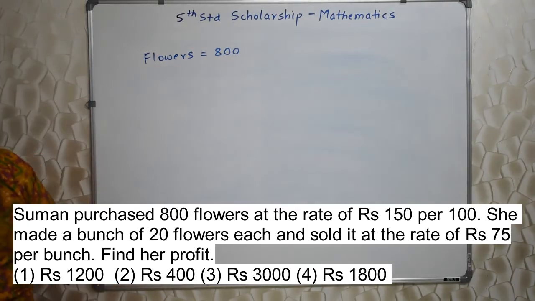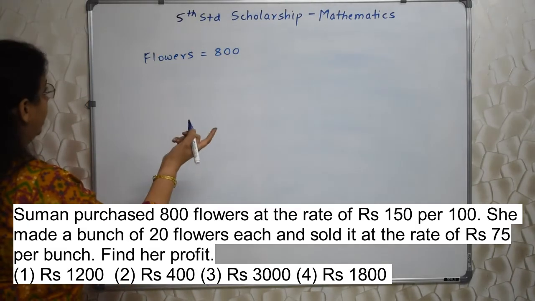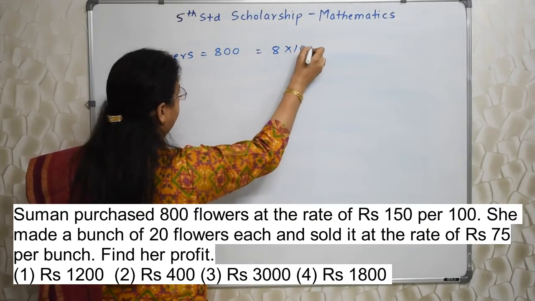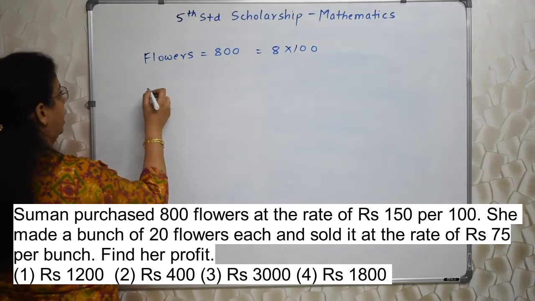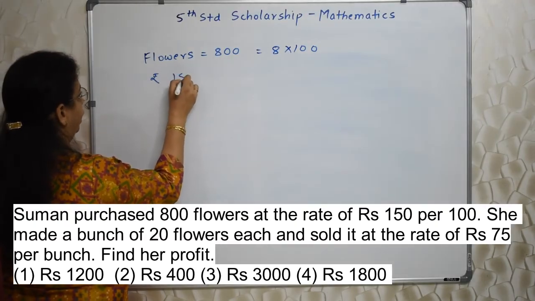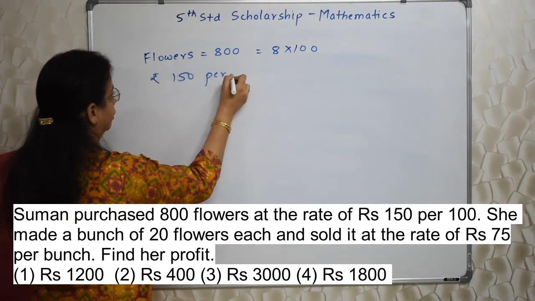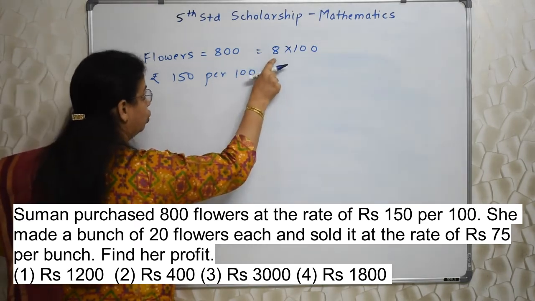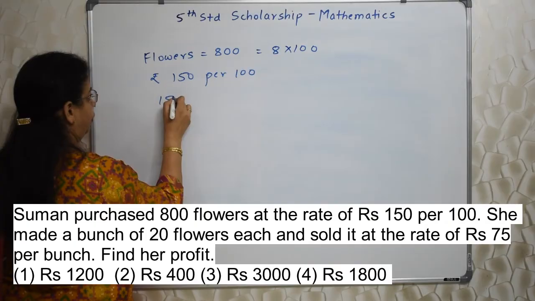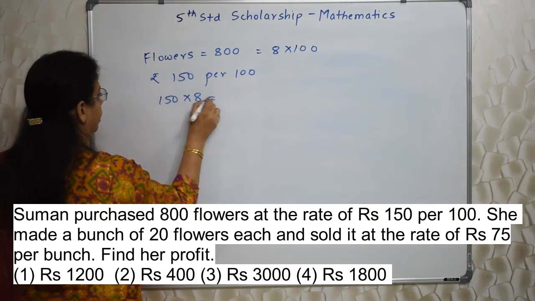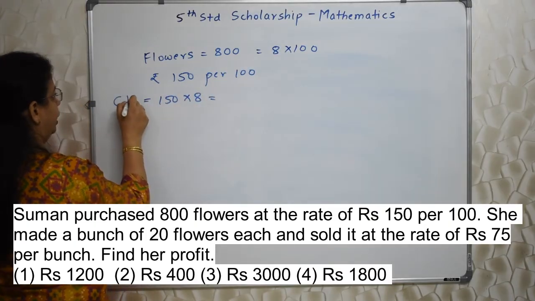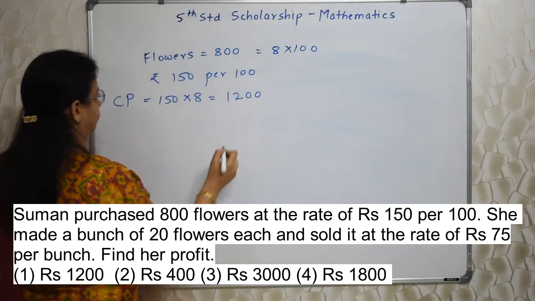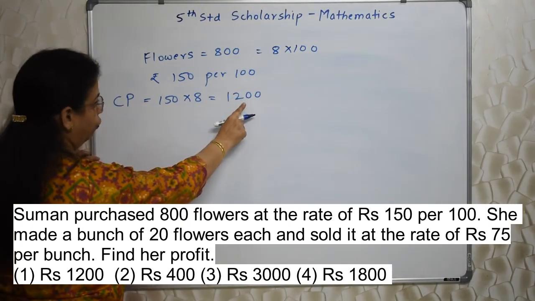She had to spend rupees 150 per 100. 800 means how many hundreds? 8 times 100. So if the rate is rupees 150 per 100, she will have to pay 150 eight times to get 800. So 150 into 8. This is going to be her CP, that is cost. That is 1,200. That much money has gone out from her pocket.